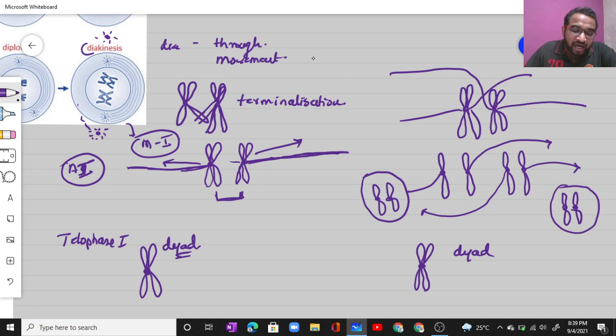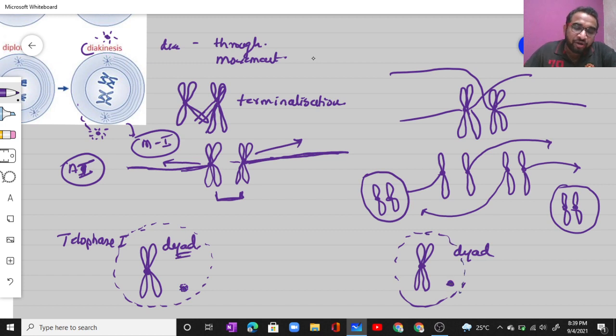So this is now the dyad structure. The nucleolus is formed over here. It is also followed by the appearance of the nucleoplasm, and the nuclear envelope is also formed over here. The nucleolus is also formed over here.